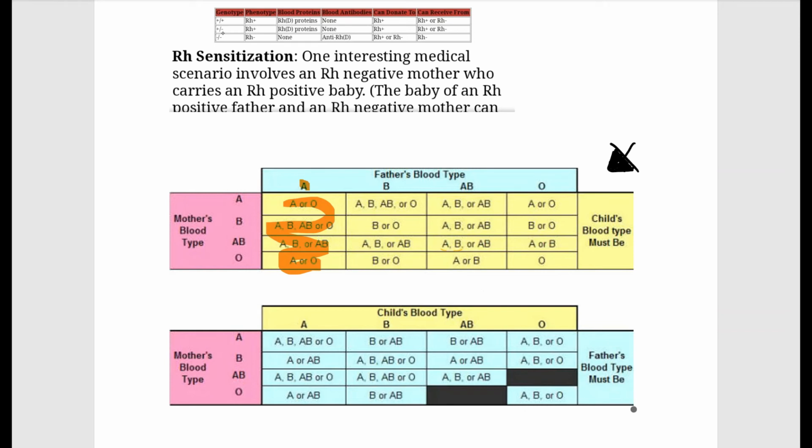When it's bonded to an A or an O, it produces the same exact result. So when it's bonded to itself or bonded to an O, it produces an A or an O. When it's bonded to a B, you have 4 outcomes, almost all the groups.